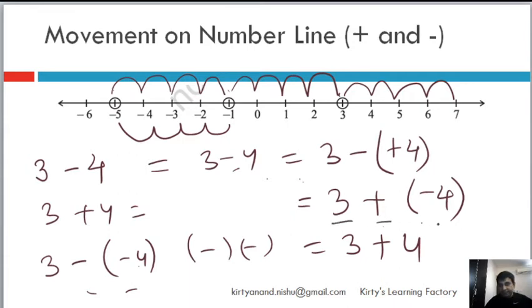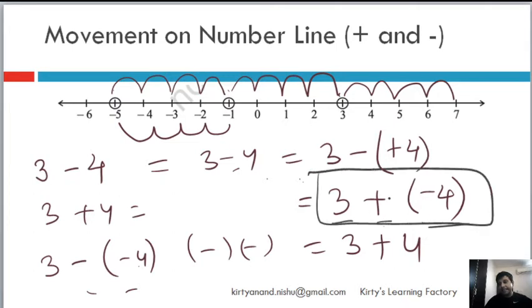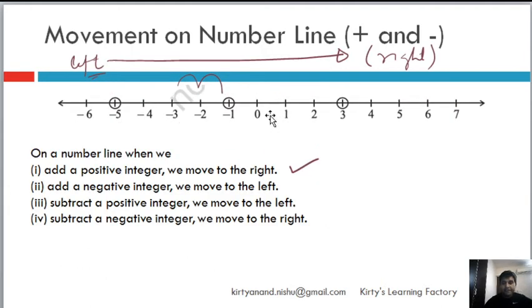It is 3 plus minus 4, right? We are adding a negative integer, and it is also equal to subtracting a positive integer. So adding a negative integer is nothing but subtracting a positive integer, right? So basically whenever we subtract a positive integer, what happens?